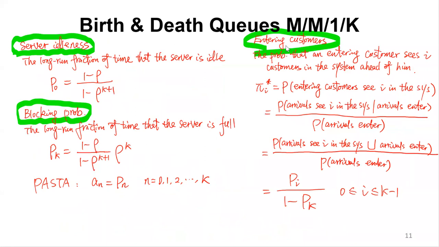So what about the entering customer? What is the probability that an entering customer sees i customers in the system ahead of him? What is pi i star?